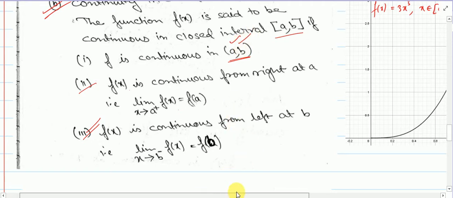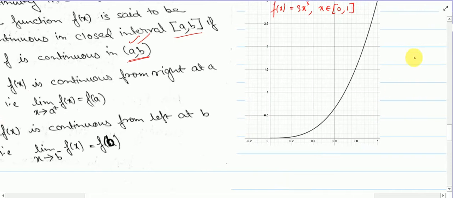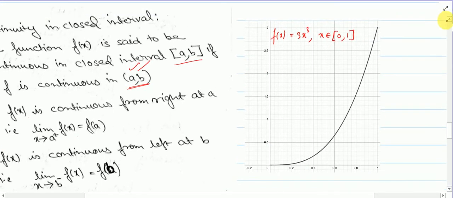So try to understand through this graph. Here I have defined one function f(x) equal to 3x cube, where x is from this closed interval 0 comma 1. So here this is your 0 to 1 closed interval.